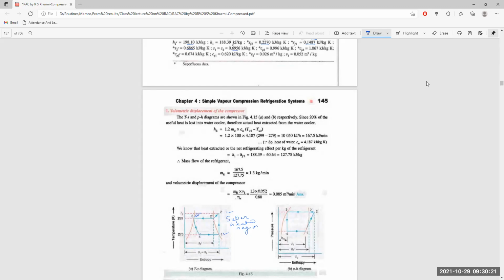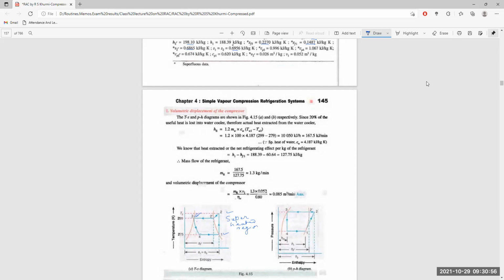CP3 is the specific heat at point 3, where the refrigerant is in vapor state, and CP4 is the specific heat at point 4, where the refrigerant is in liquid state, 1.067.